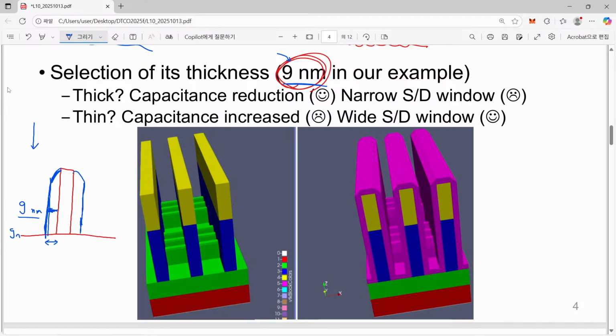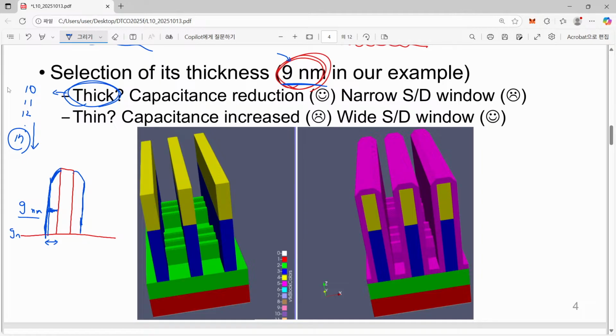And now we are using 9 nanometer, but instead of 9 nanometer we can think about 10, 11, 12, whatever, up to 17 nanometer. Please think about the extreme case. We have introduced a 17 nanometer thick spacer.